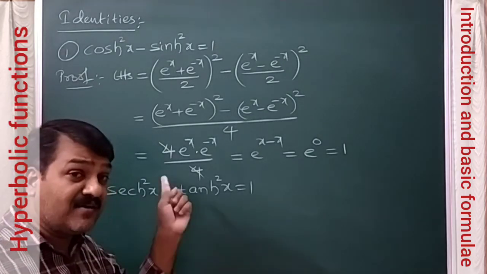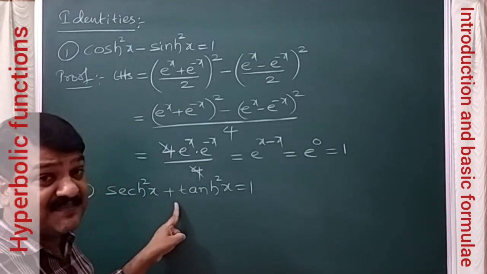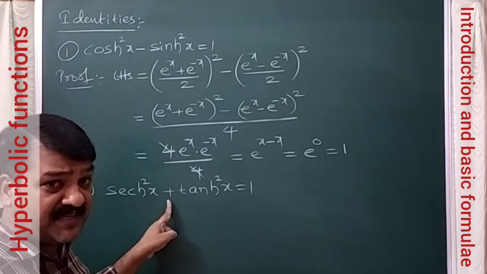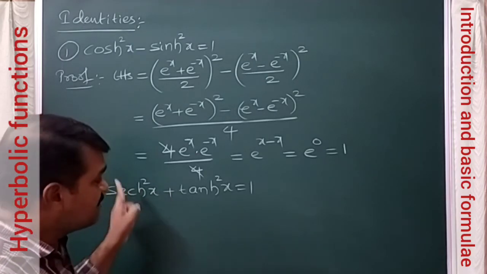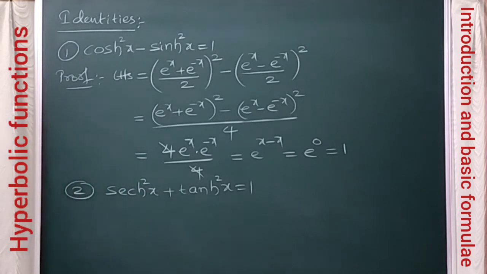Sec squared theta minus tan squared theta is 1. But here the identity is different, the sign in between is different. Sech squared x plus tanh squared x is equal to 1. That is the second identity. The proof is exactly the same as the first one.